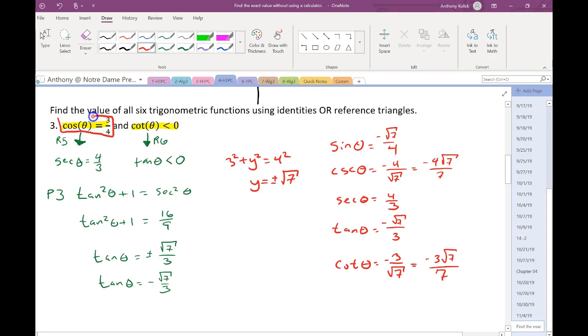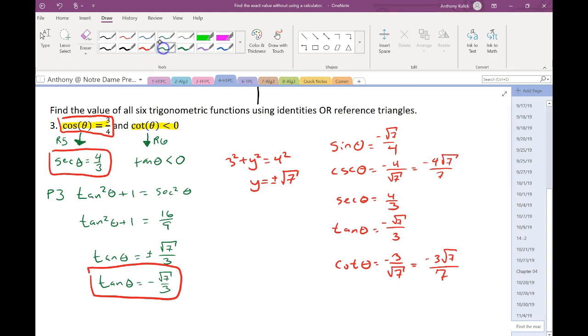I have cosine, I have secant, I have tangent. I can use R6 here to say that cotangent theta is negative 3 over root 7, or rationalize, negative 3 root 7 over 7.